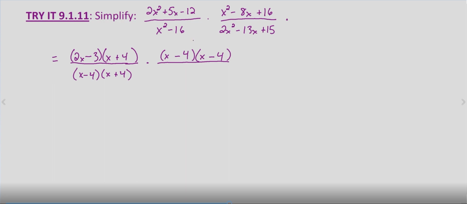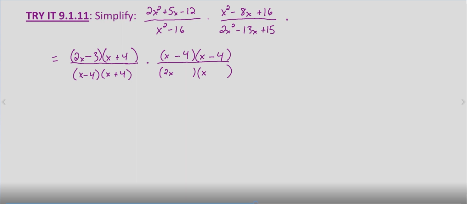And similarly, we're probably going to have to use trial and error eventually to determine how this factors. But we can figure out a few things right off the bat. We know that, again, because we have a leading coefficient of 2 on x squared, and 2 is a prime number, we're going to have 2x and x. And then a little bit more revealing, we have plus 15 and minus 13x.